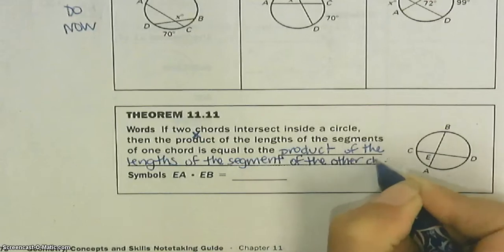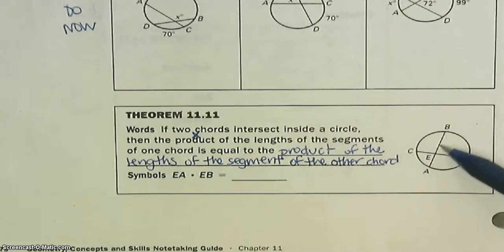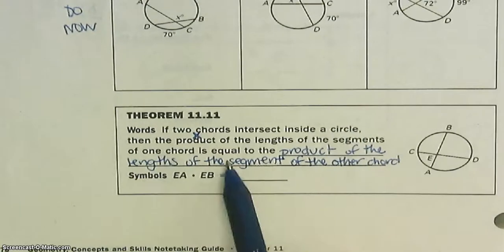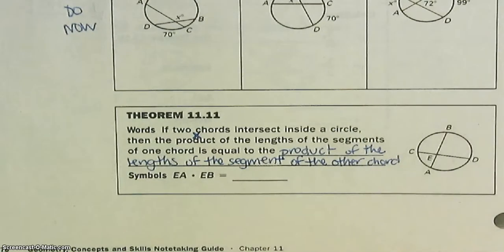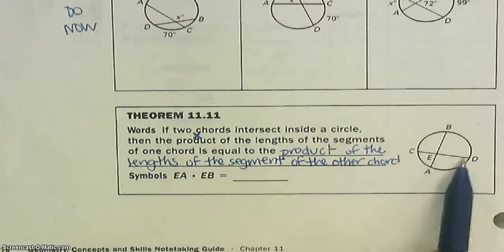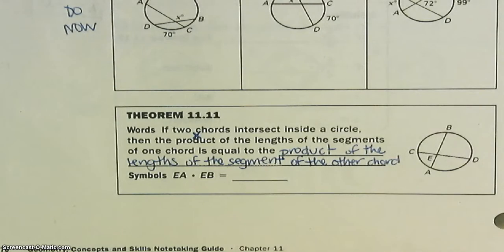Okay, so what is this talking about? We're not talking about degrees anymore. We're talking about how long these chords are. So this rule says you can multiply the pieces of the chord together, and it's equal to multiplying the pieces of this chord together. So we're going to get some colors to kind of show this.